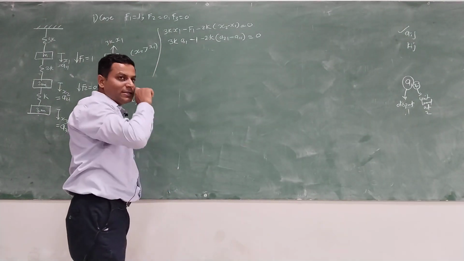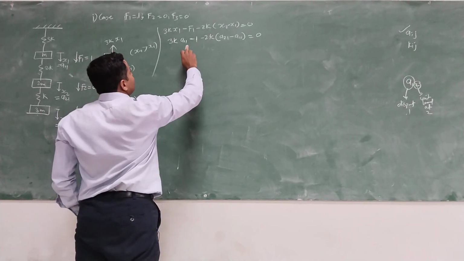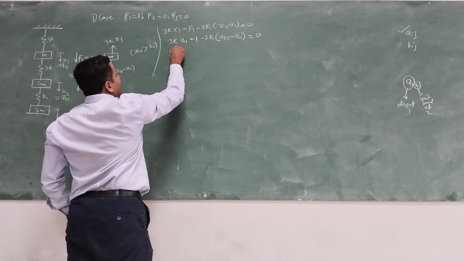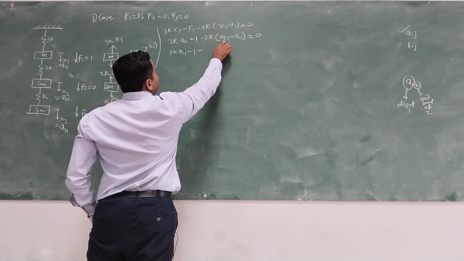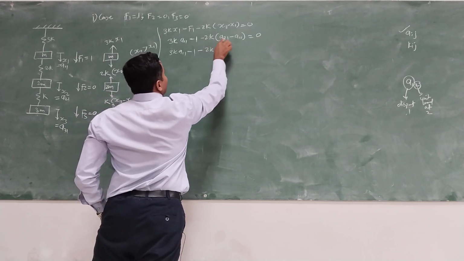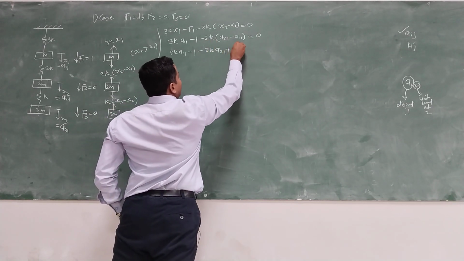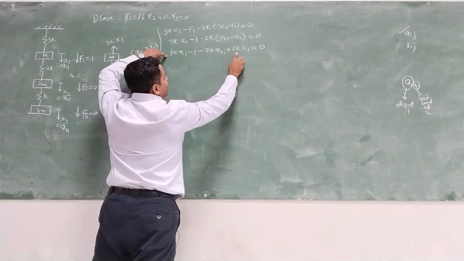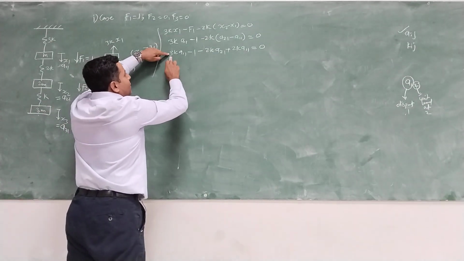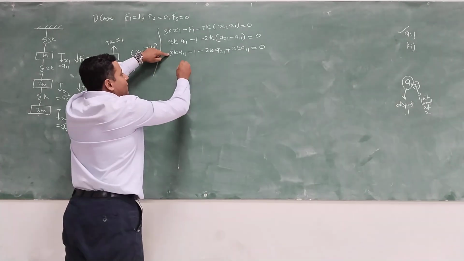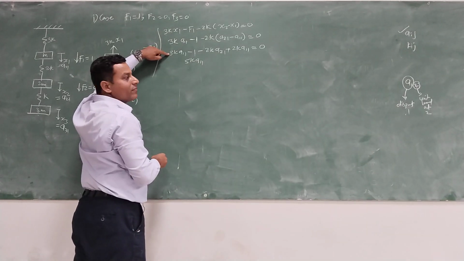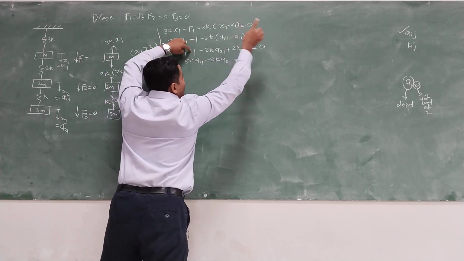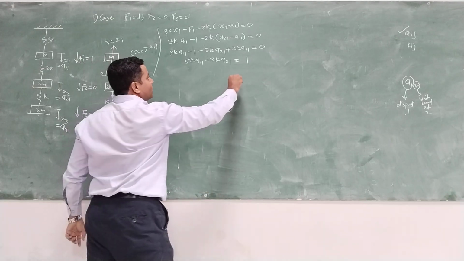So we'll rearrange. 3k A11 minus 1 minus 2k A21, and minus minus will become plus 2k A11, equal to 0. 3k plus 2k, so 3k A11 plus 2k A11 gives 5k A11, minus 2k A21 equal to, I'll transfer this one to that side. So this is your equation.